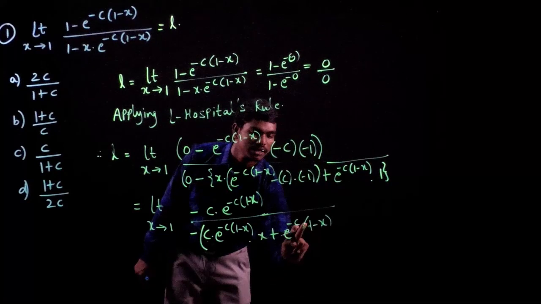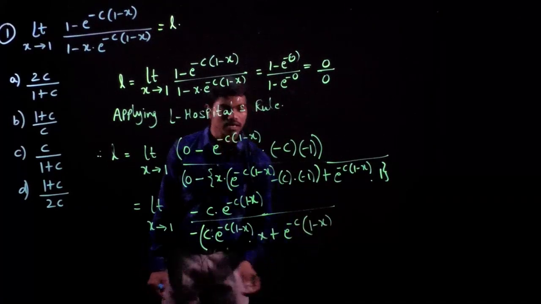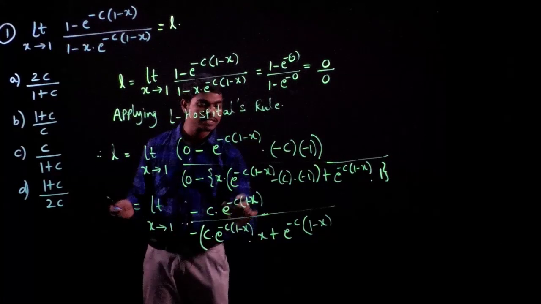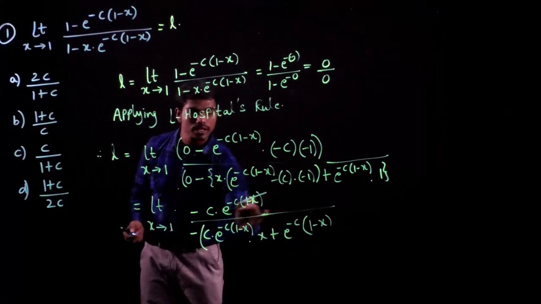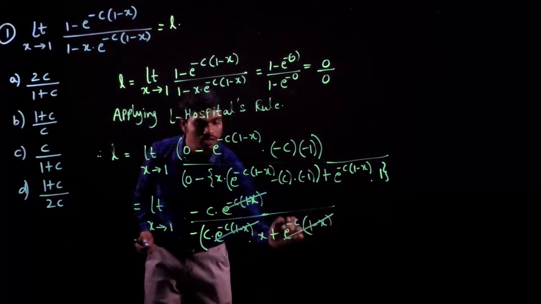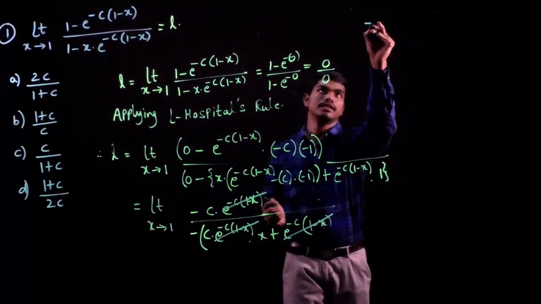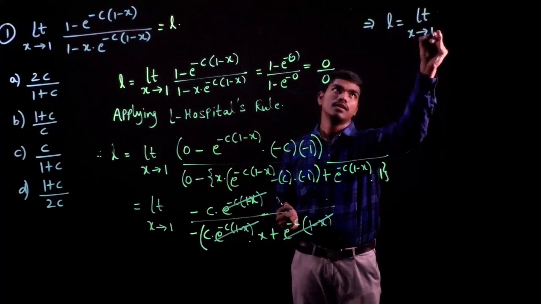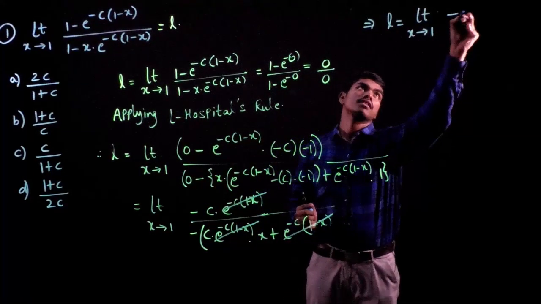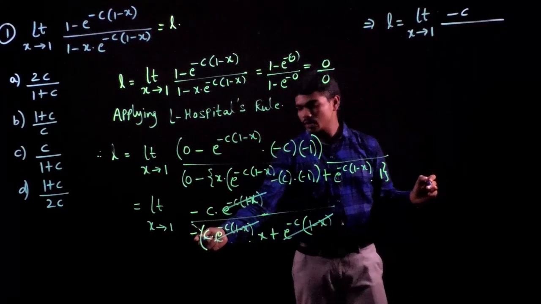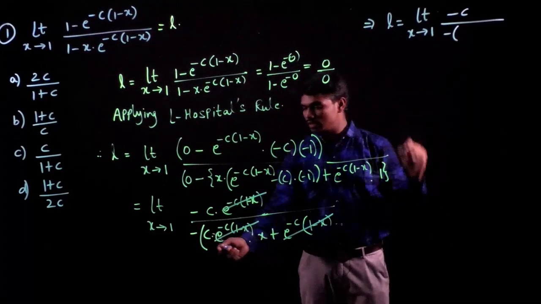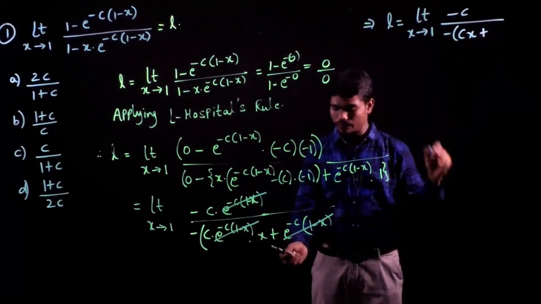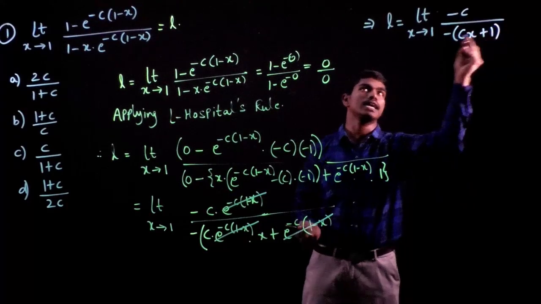Now simplifying, in the numerator, minus into minus is plus, and plus into the minus sign gives us minus c into e power minus c into (1 minus x). In the denominator, minus into minus is plus, and we have a minus sign outside, so minus of minus c into minus 1 is c, giving c into e power minus c(1 minus x) into x, plus e power minus c into (1 minus x). Now if you look carefully, e power minus c into (1 minus x) is common in all terms, so let us cancel it. Then L is equal to limit x tends to 1 of minus c divided by minus of (cx plus 1), because everything got cancelled.